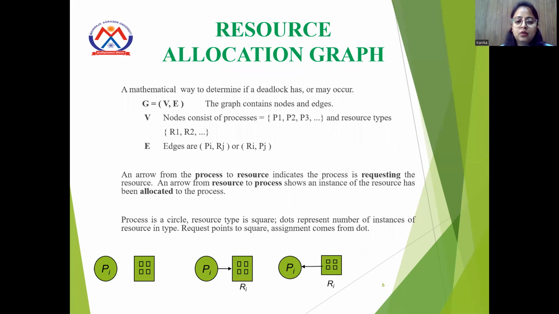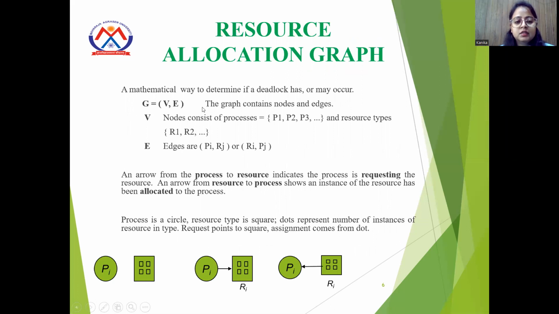Next is the resource allocation graph. A resource allocation graph is a mathematical way to determine if a deadlock has occurred or may occur. Here, as you can see, G = (V, E).